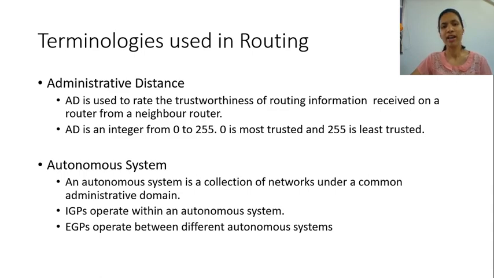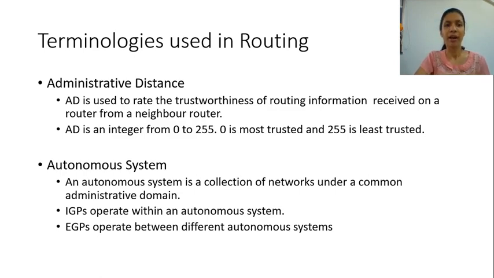So if I have two routers which are neighbors of each other, and one of my routers is connected to network 1, this router is going to send information about network 1 to the other router. It is possible that I receive multiple routes to network 1 from multiple routers. Then in that case, my router is going to compare the administrative distance of the multiple routes to network 1.